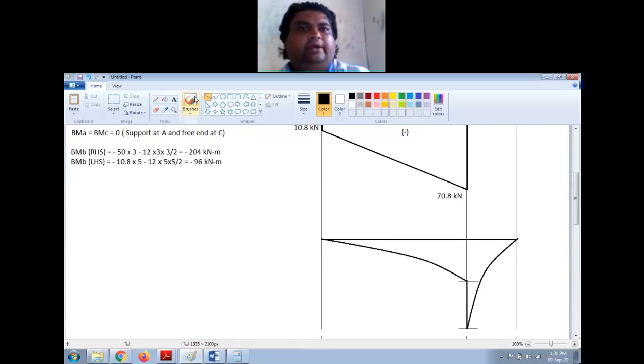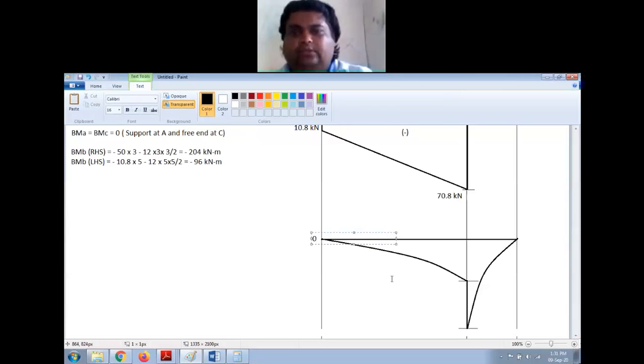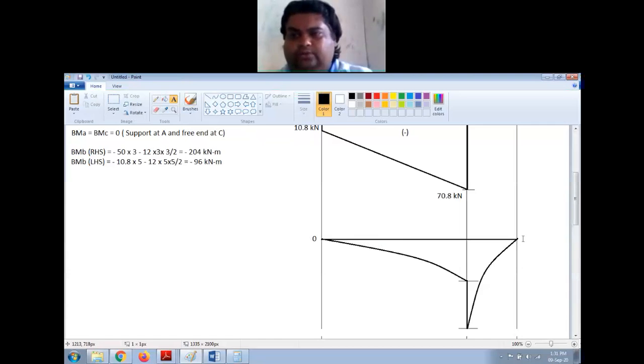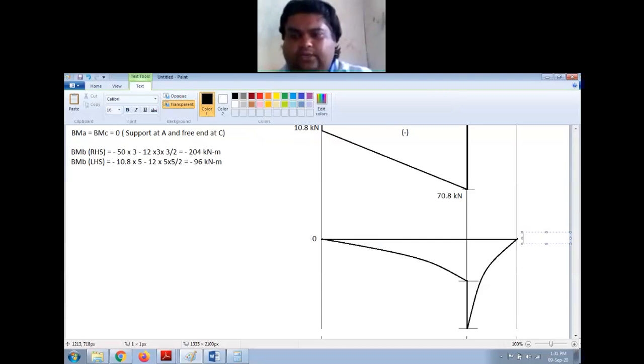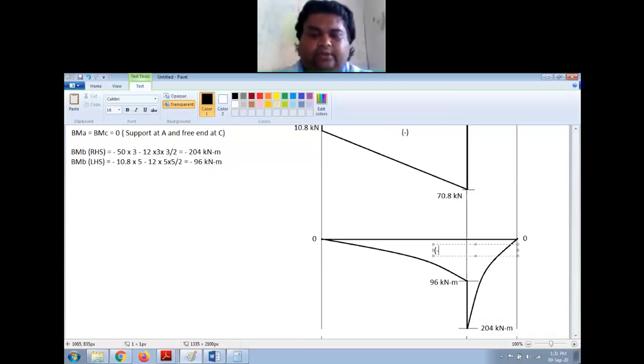Okay, and just name the points, show the values. This is 0, this is 0, here this is 96 kilonewton meter, and this value is 204 kilonewton meter, and this is negative bending moment.